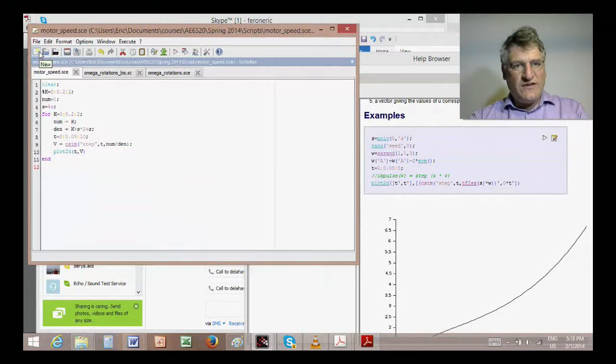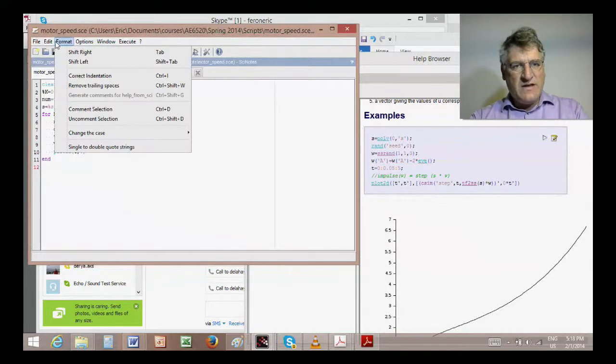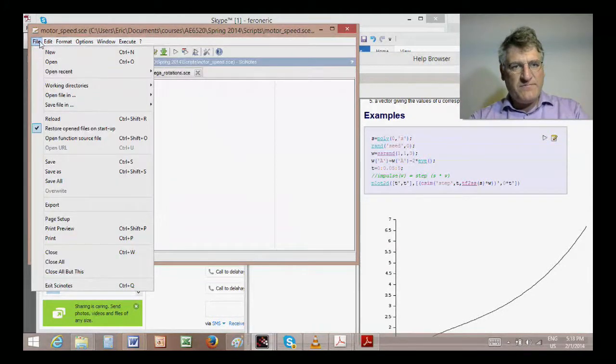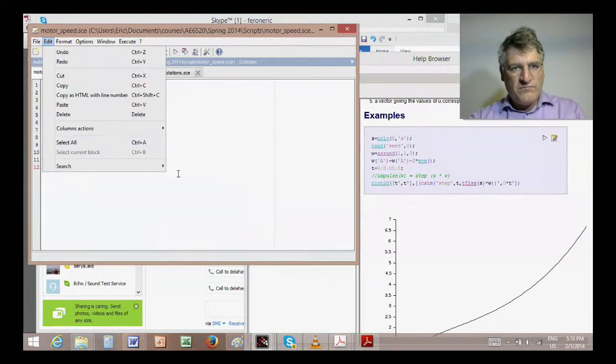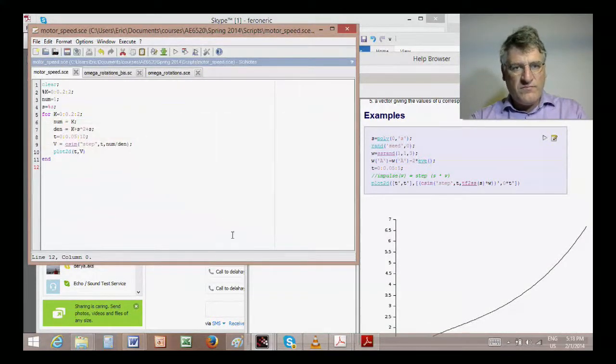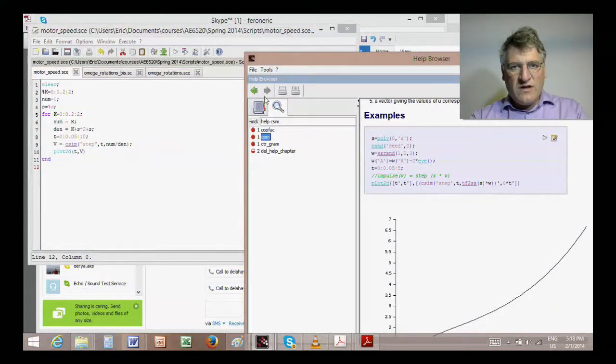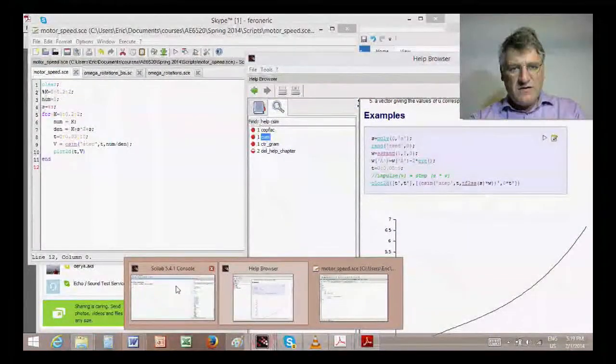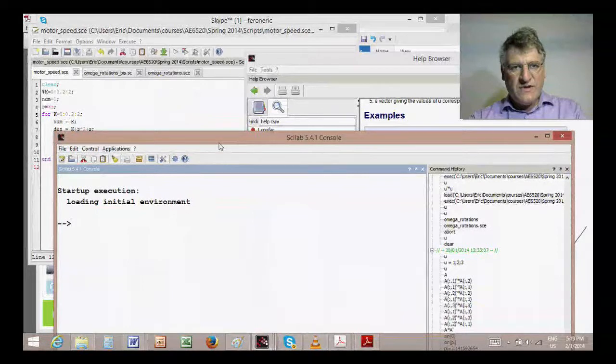So I would like to execute this file, and I forgot how to do that. Okay, so let's go to the main directory, the console.